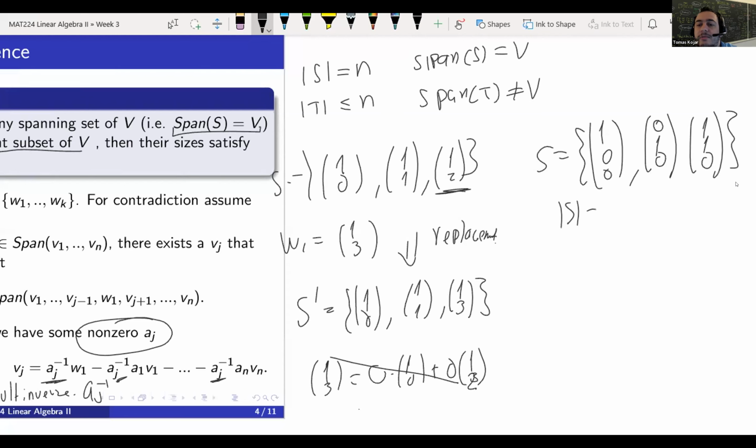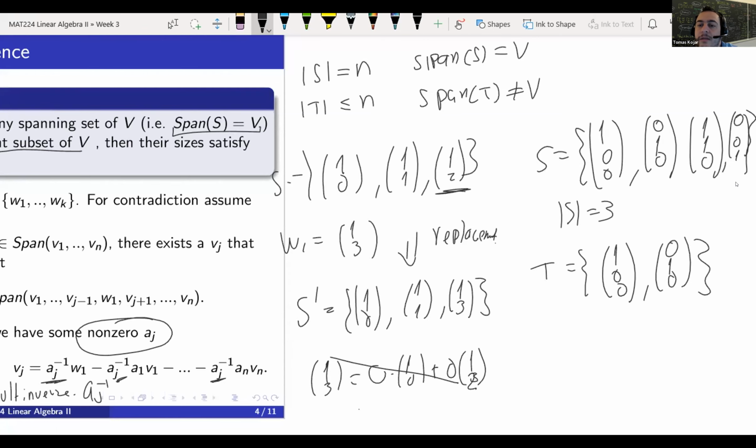The size of S is 3. Take T to be the independent part, like this. And in fact, let me add one more vector, (0, 0, 1).